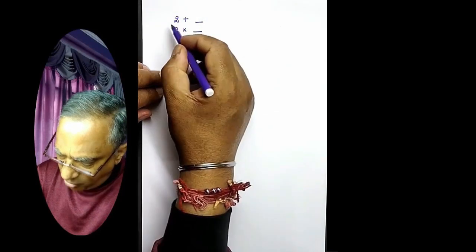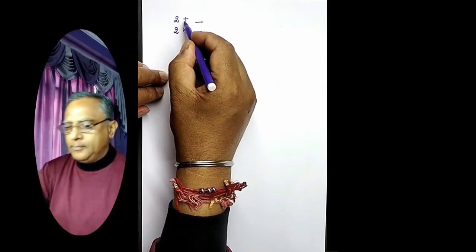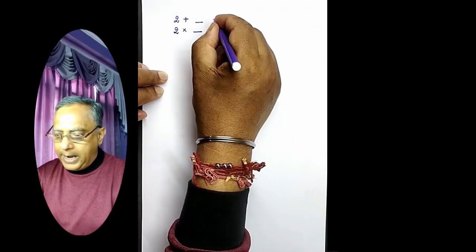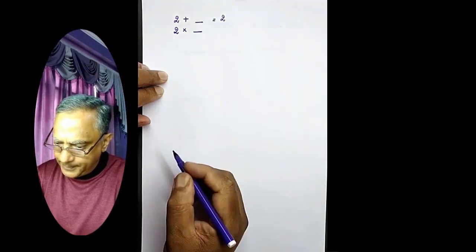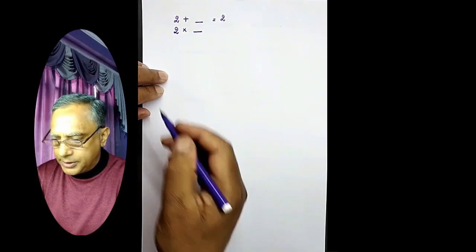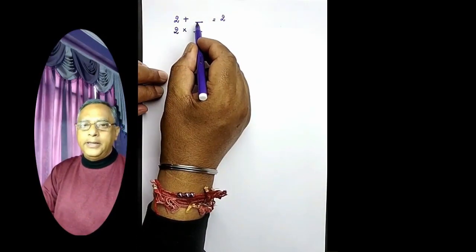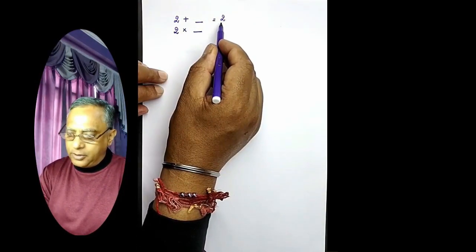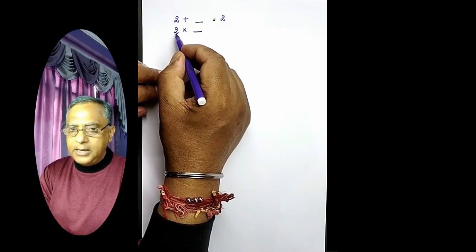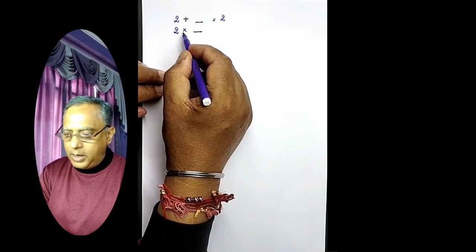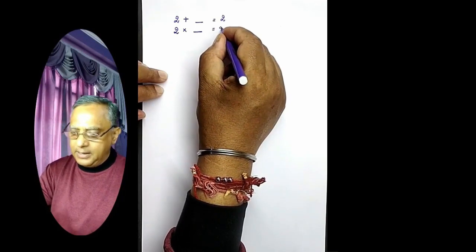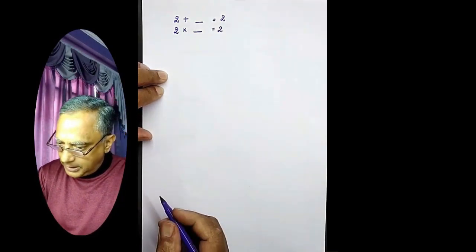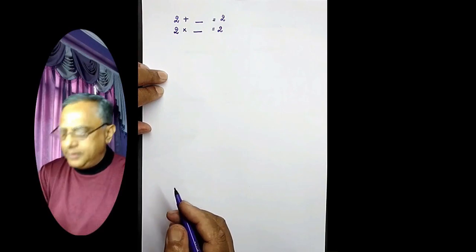So the definition of identity is what should be added to 2 which leaves it unchanged. What can be added to 2 which leaves it unchanged? What can be multiplied with 2 which leaves it unchanged? That is, it leaves it as 2.